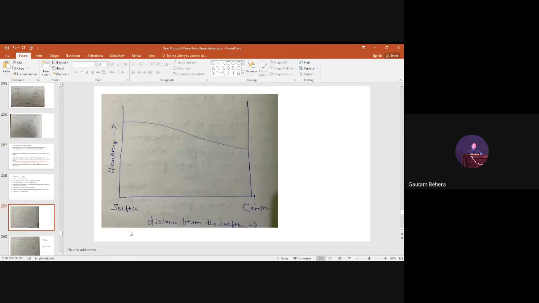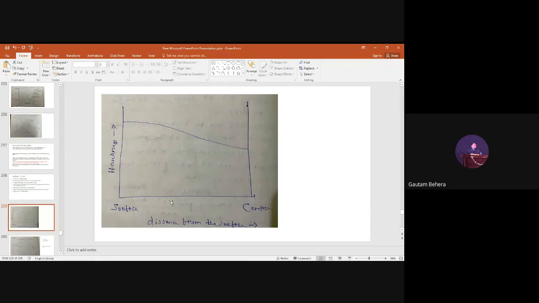With the help of this graph, that is hardness versus distance, you can understand this. You can see this part is the surface and this part is the center.